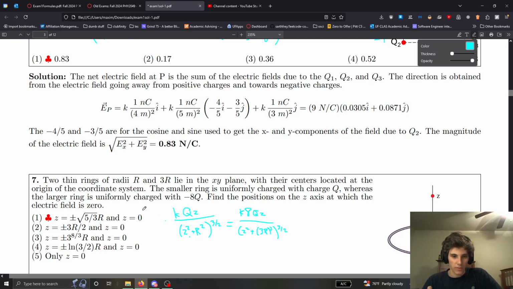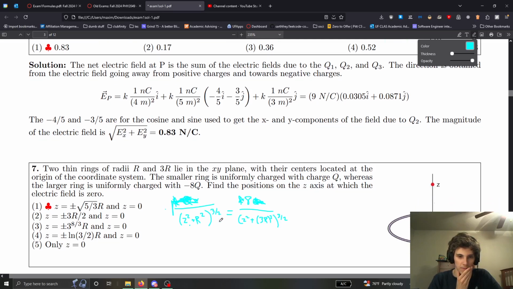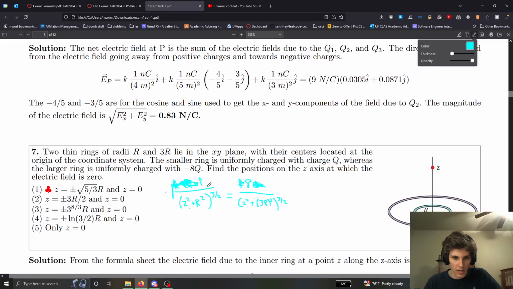And when you solve this, I'm not terribly excited. Some stuff will cancel, of course. But ultimately, you have to plug it into your calculator. Actually, I can do it right here. You don't even really need to plug it in. Take everything to the 2/3 power.